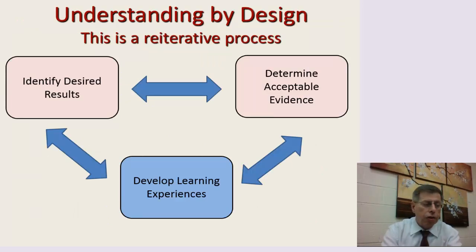Let's come back to our diagram. We've looked at the desired outcome, the learning outcomes. We've talked a bit about acceptable evidence. Now let's think about and talk about what the learning activities or the pedagogies for the class will be.